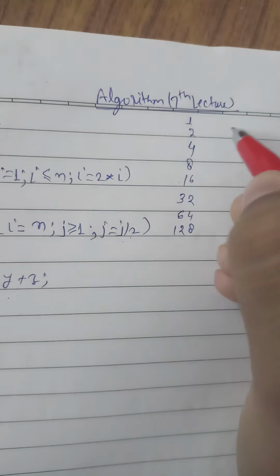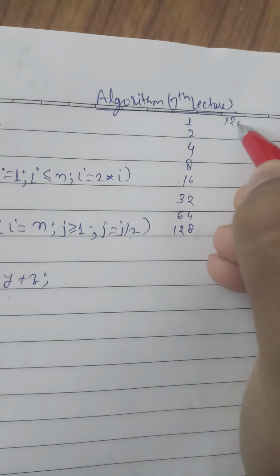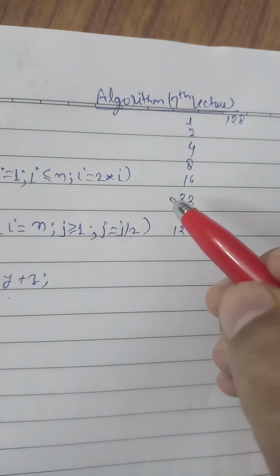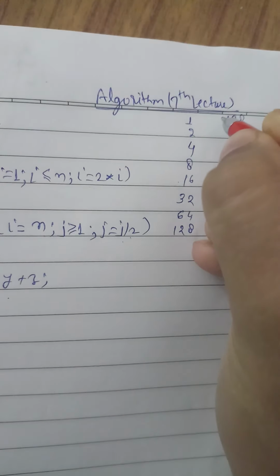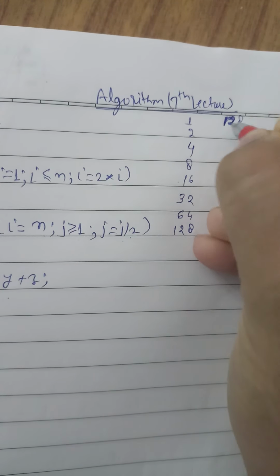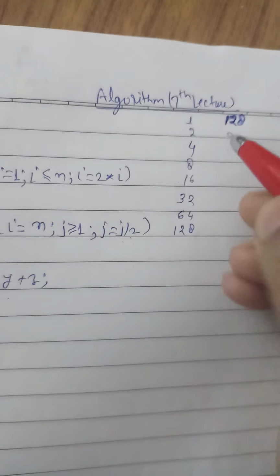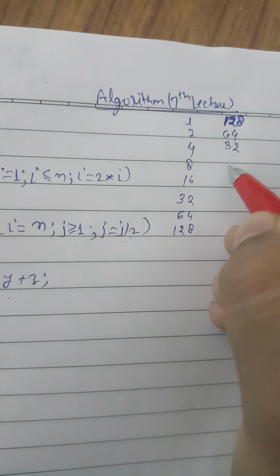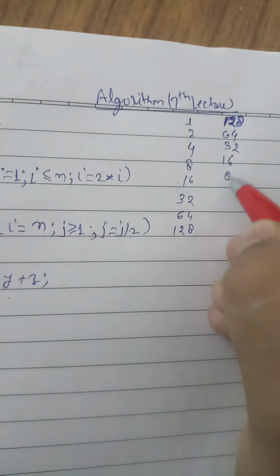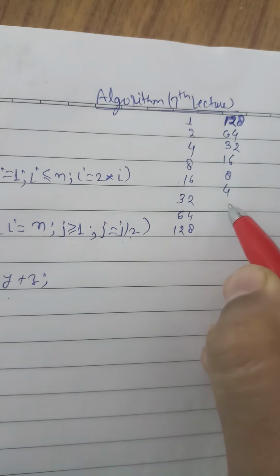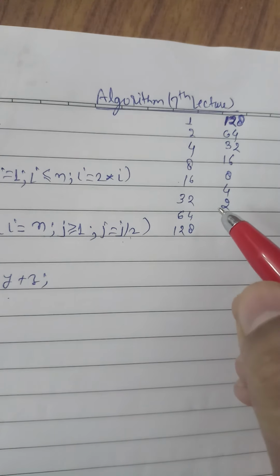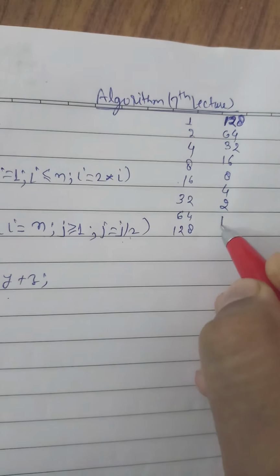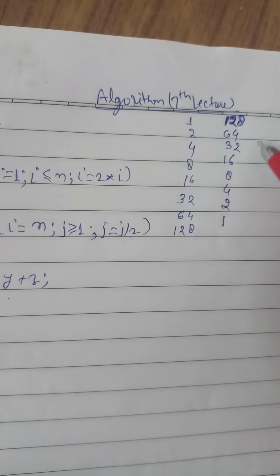Suppose n equals 128, then what will be the next value? It will be 64, then 32, then 16, then 8, then 4, then 2, then 1. Like this it will go on.